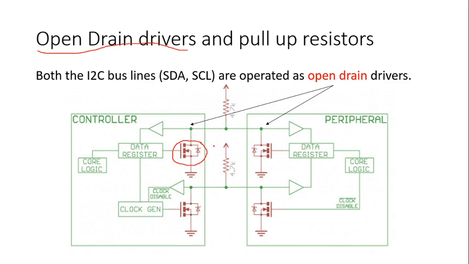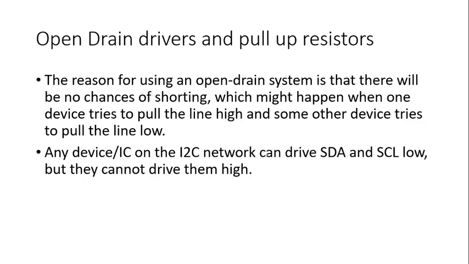Okay, so it is having open drain drivers and pull-up, and for connecting these open drain devices you need pull-up resistors at the output. So this is a pull-up resistor. Okay, so these are open drain drivers present in the system. Okay, why are open drain drivers used?